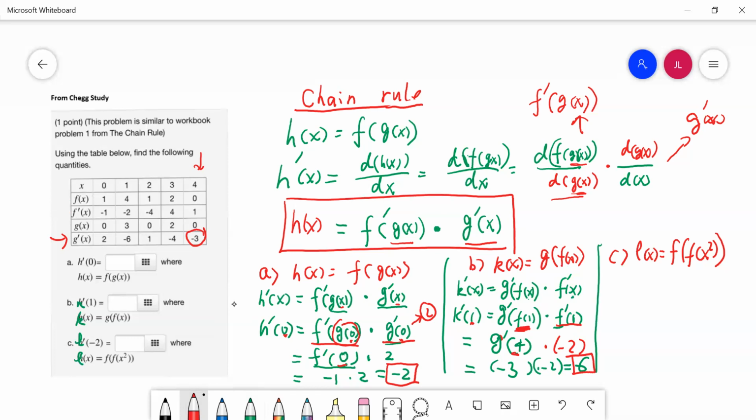All right, so we do the last question. L(x) equal to f(x) squared.